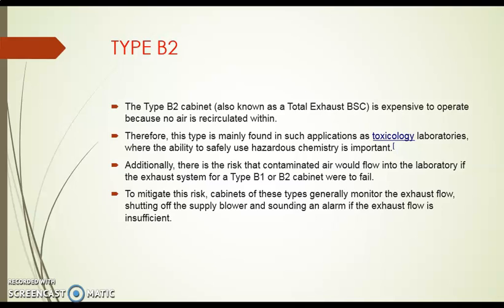Additionally, there is a risk that contaminated air would flow into the laboratory if the exhaust system for the Type B1 or B2 cabinet were to fail. To mitigate this risk, cabinets of this type generally monitor the exhaust flow, shutting off the supply blower and sounding an alarm if the exhaust flow is insufficient.